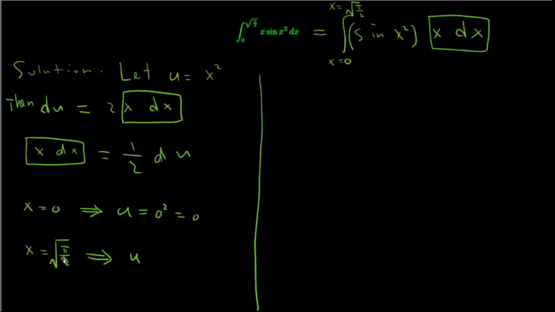It's easy, right? U value is equal to half pi. So that makes sense. Now in the next step we want to write everything in terms of u, including the lower limit and the upper limit.